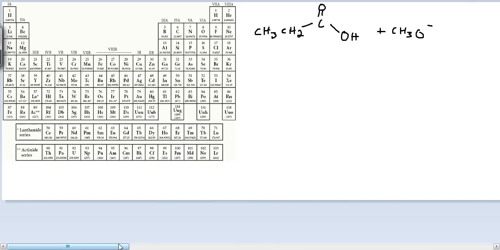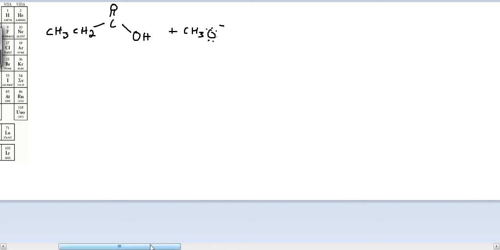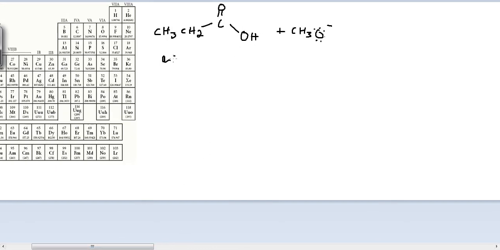Likewise, in this example, the starting acid is going to be the one that can release a proton. We have oxygen in both of these, so we already know those are going to be acidic. But which one is going to release a proton? Well, this oxygen doesn't even have a proton, so we know that this is going to be the acid, and this one will be the base.